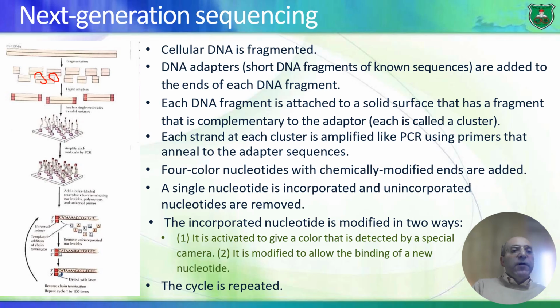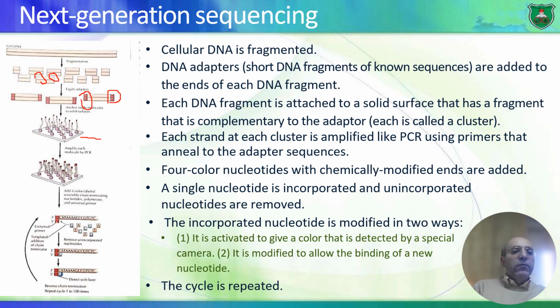Then these fragments are taken and DNA adapters are added to them. These are short DNA fragments that are added at the ends of every single fragment, and we call them adapters. Then these DNA molecules are added to a solid surface.